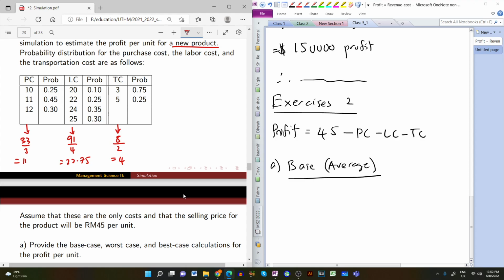So these are the averages. So for the base case, the profit would be 45 minus 11 minus 22.75 minus 4, you will get 7.25.